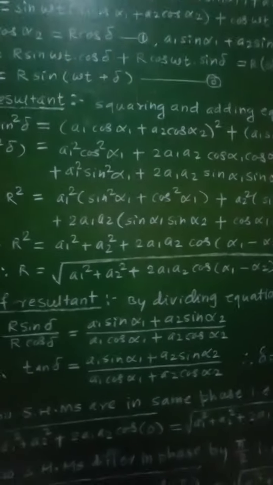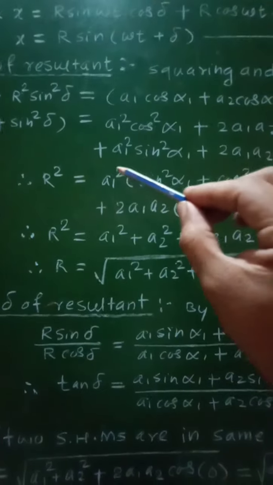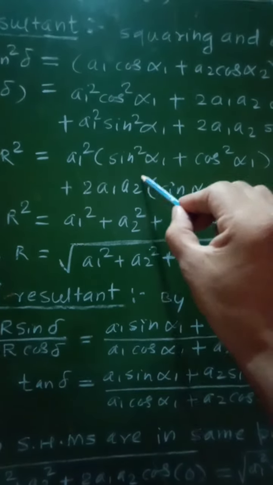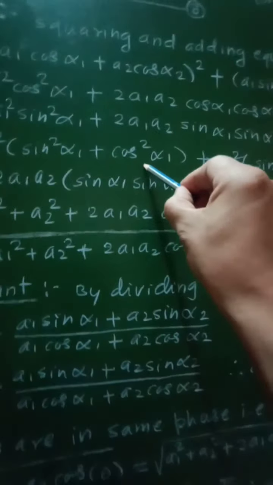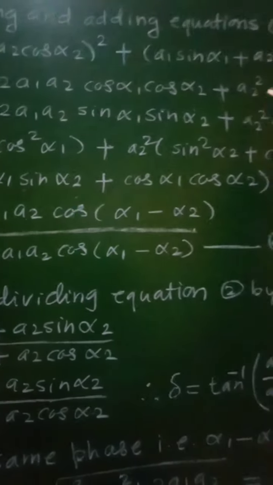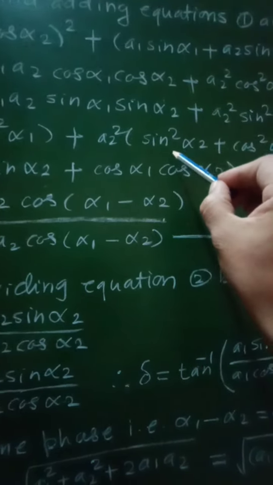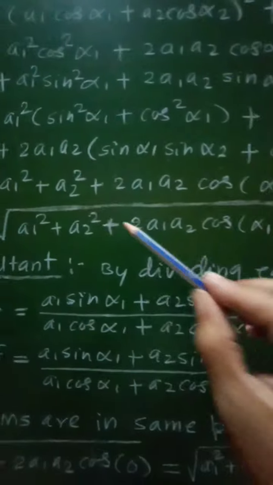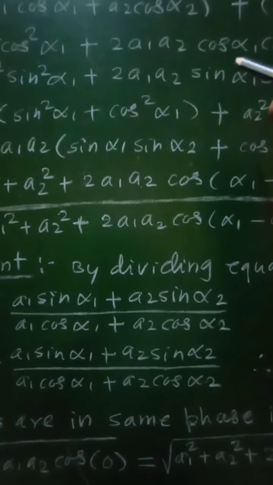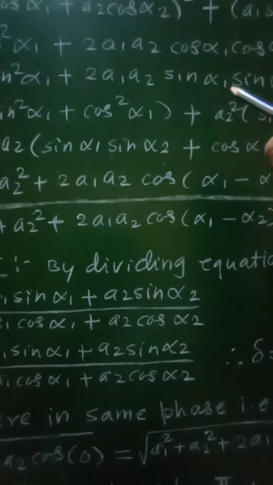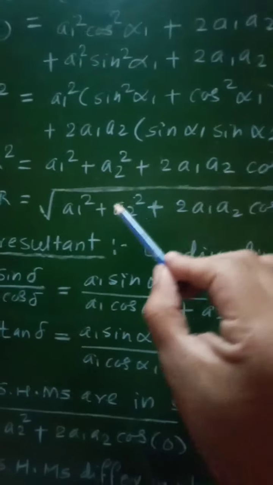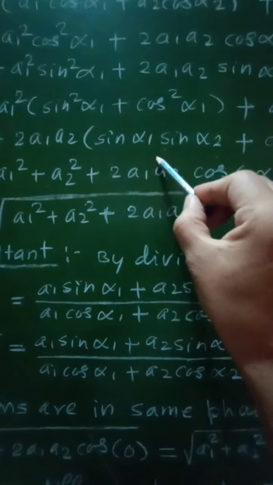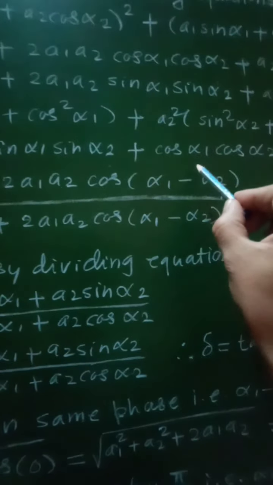Therefore we will get r square equal to A1 square taken common into sin square alpha 1 plus cos square alpha 1, plus from the last term A2 square taken common into sin square alpha 2 plus cos square alpha 2, and plus from the middle terms we can take 2 A1 A2 common, therefore plus 2 A1 A2 into sin alpha 1 sin alpha 2 plus cos alpha 1 cos alpha 2.